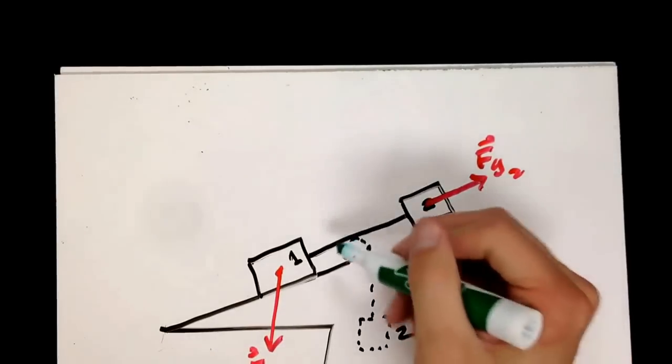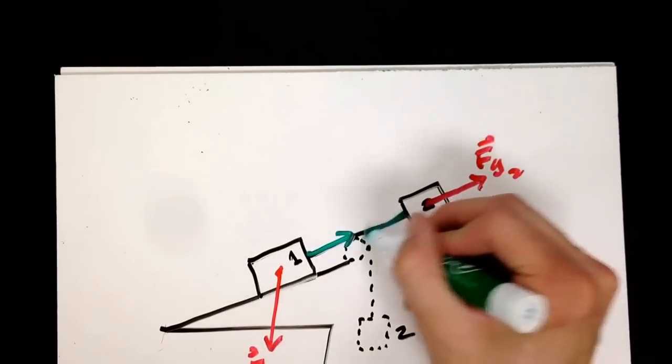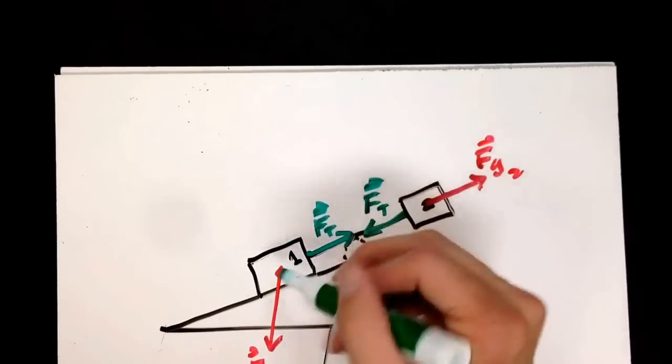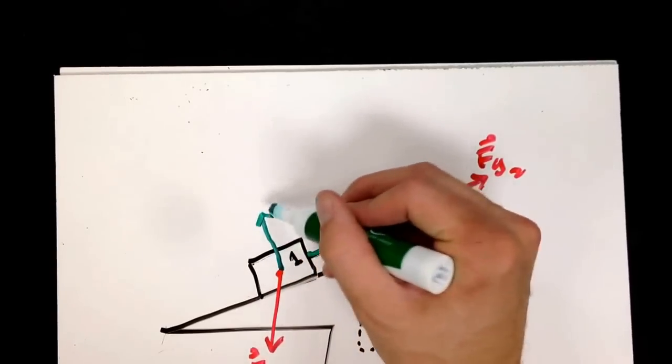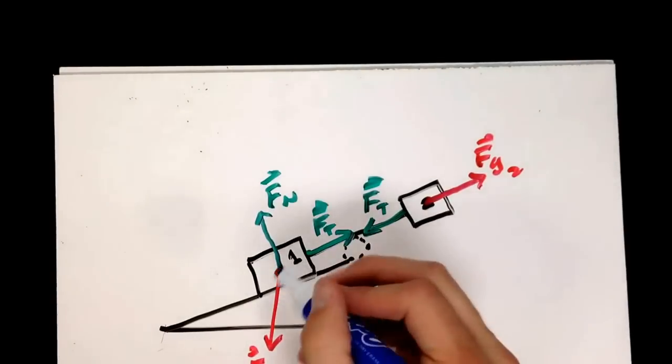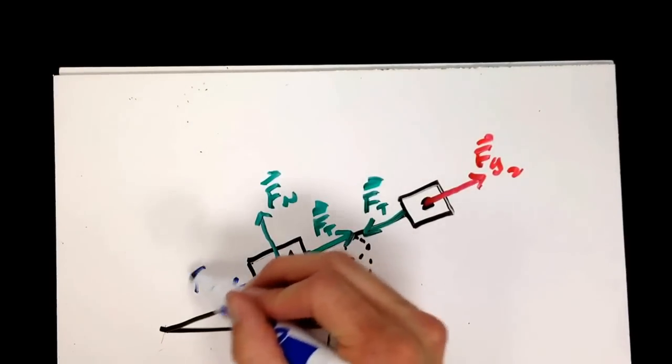Now, I've still got my tension forces between the two, Ft, Ft, and I've still got this block's normal force coming off perpendicular to the surface. And now I've got frictional force coming back down the ramp.